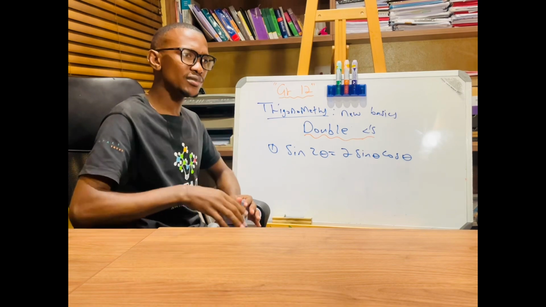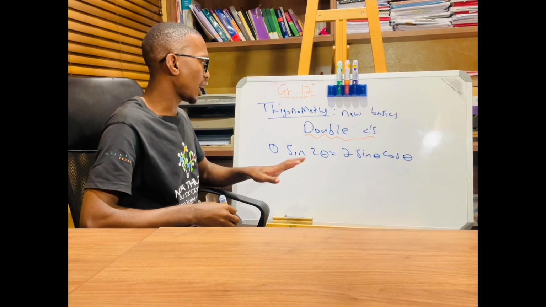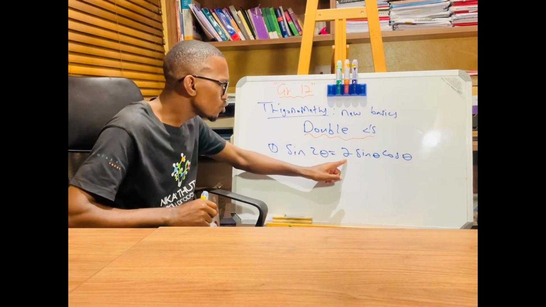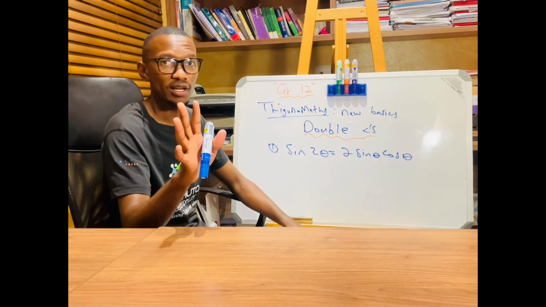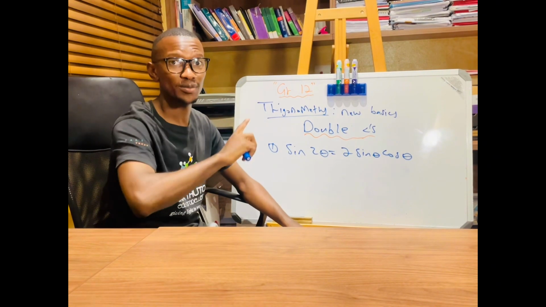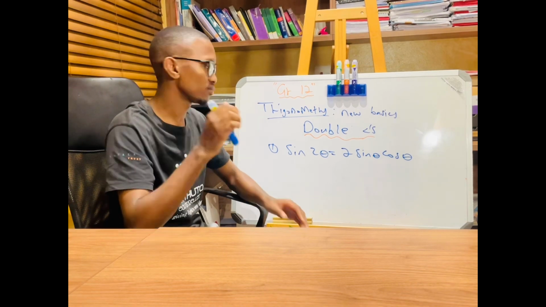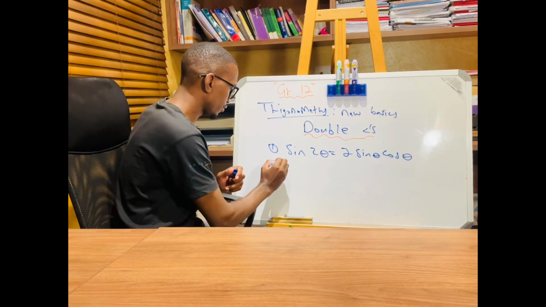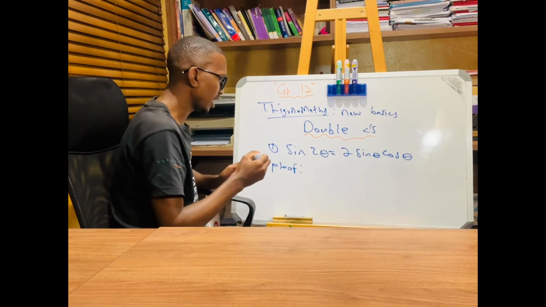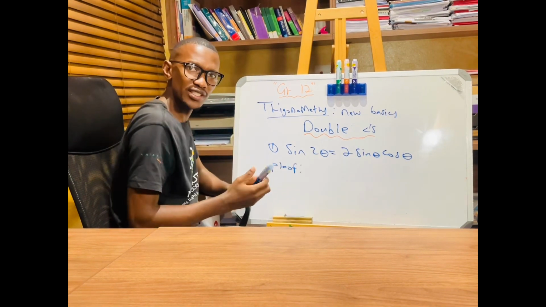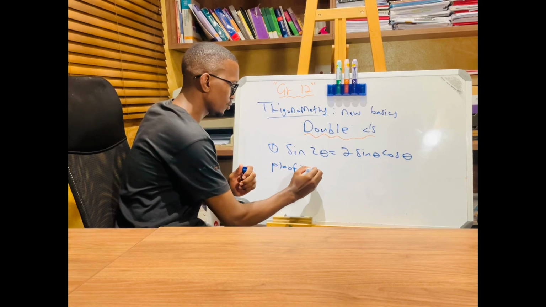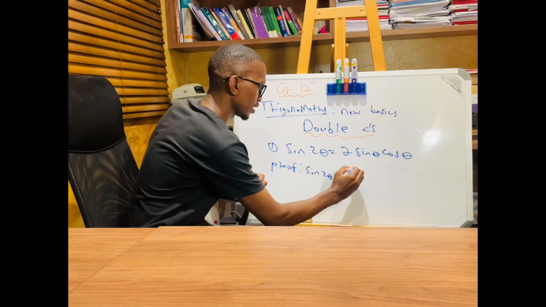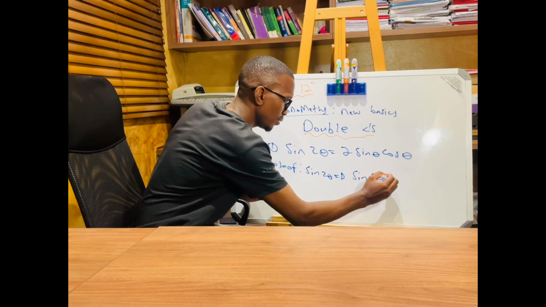Somebody would be asking me, okay, I don't really understand the double angle. How come sine 2 theta can be 2 sine theta cos theta? Okay, let me try to prove it to you, because I feel like you gotta know this one. So proof. Let's prove this side: sine 2 theta, which implies sine of theta plus theta.